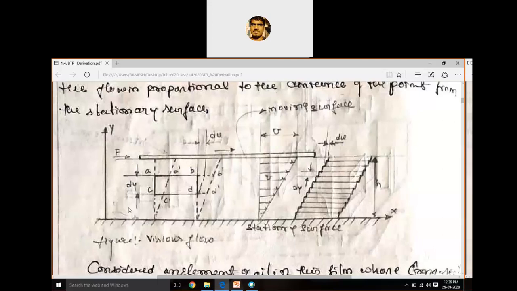This surface is called the stationary surface, and here the velocity is zero, meaning it won't move.